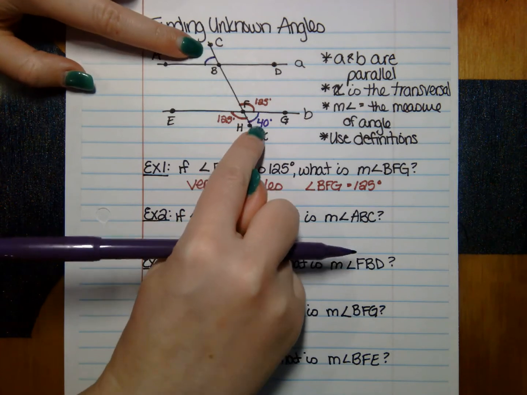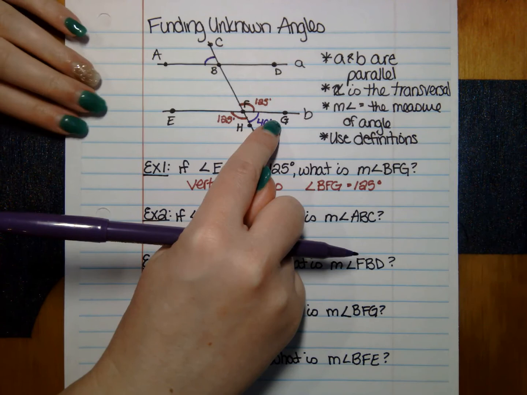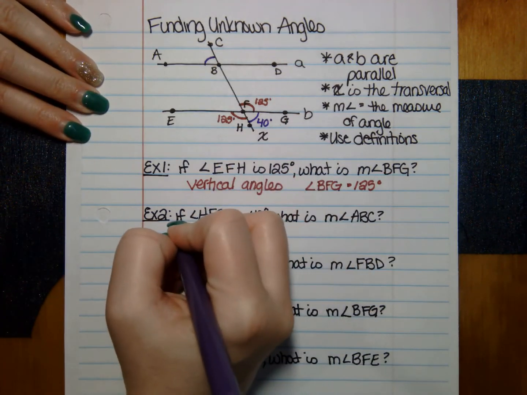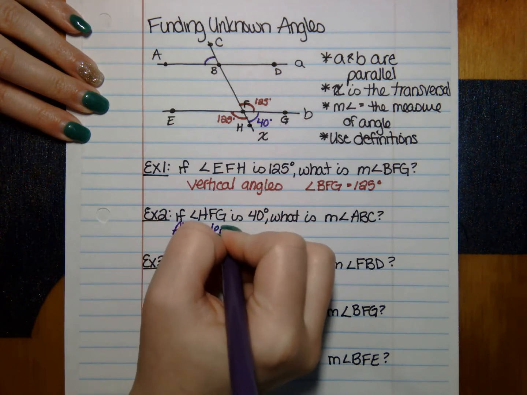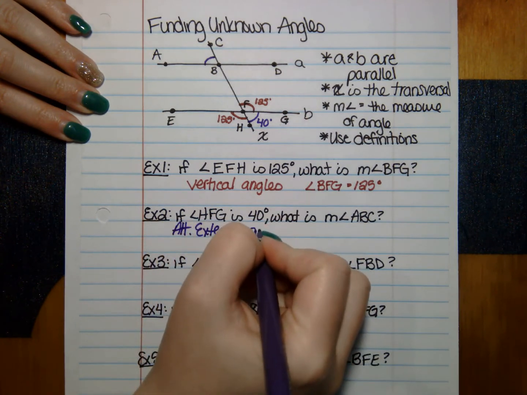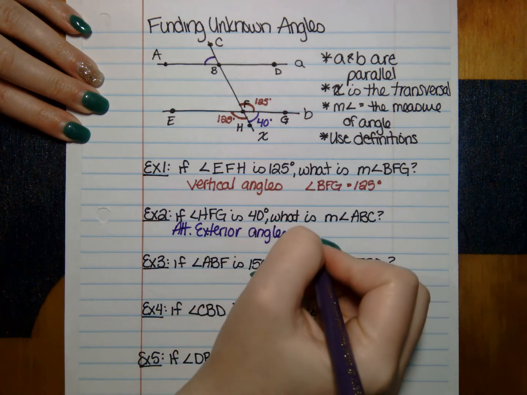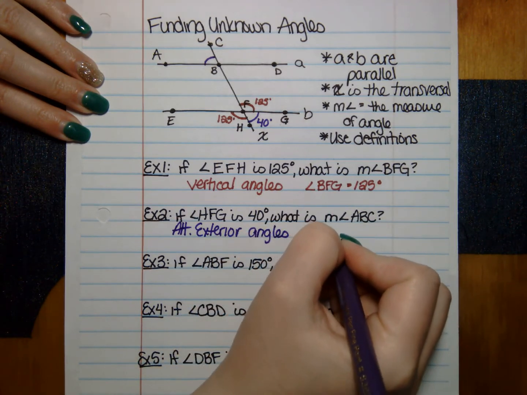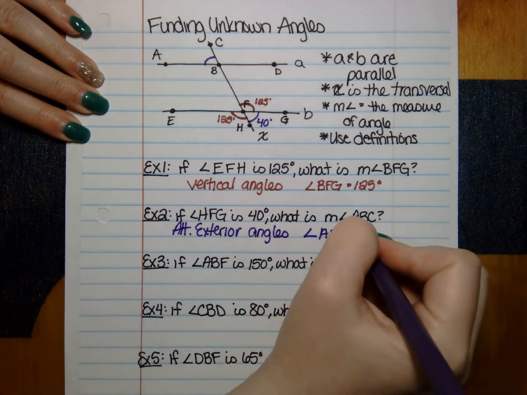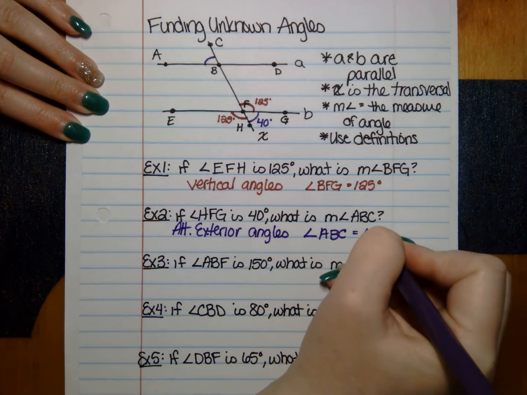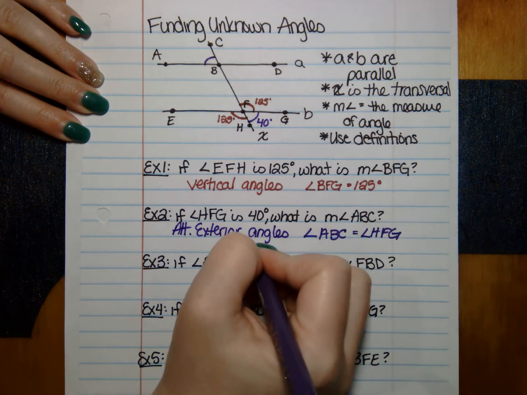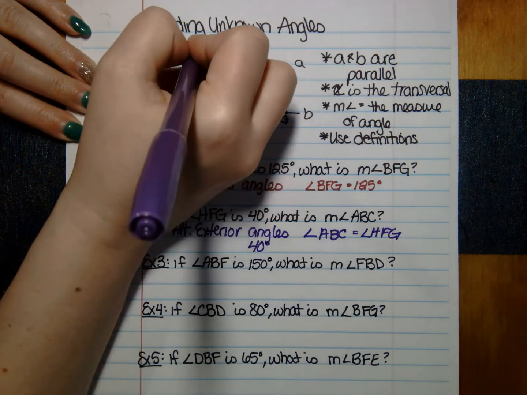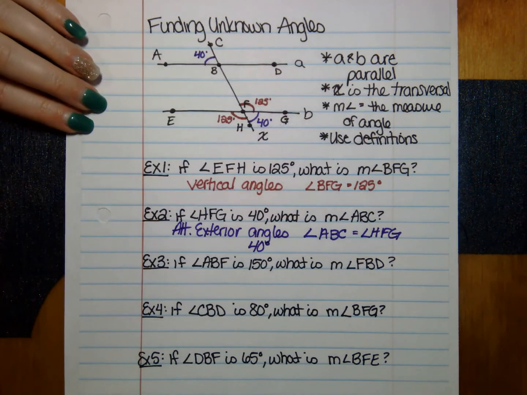They're both outside of our parallel lines, and they are on alternate sides of the transversal. So because they are alternate exterior angles, we know that the measure of ABC has to equal the measure of HFG, which means this one also would be 40 degrees.